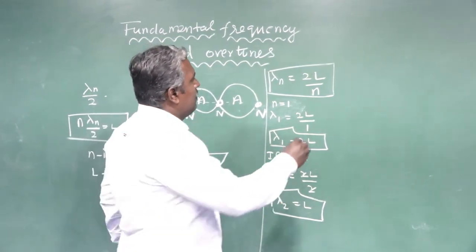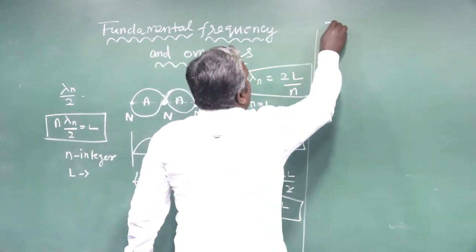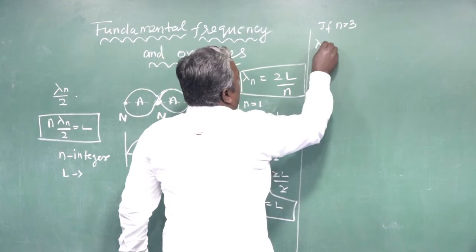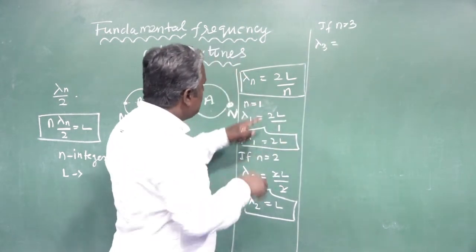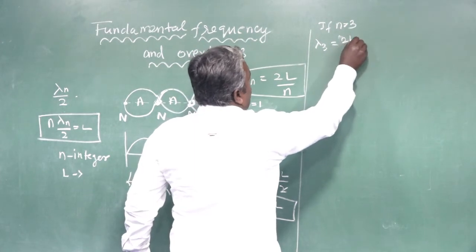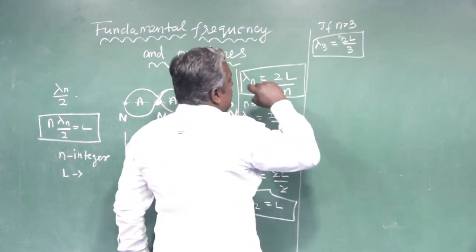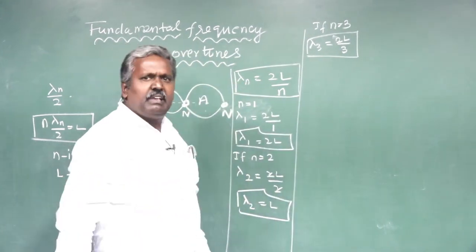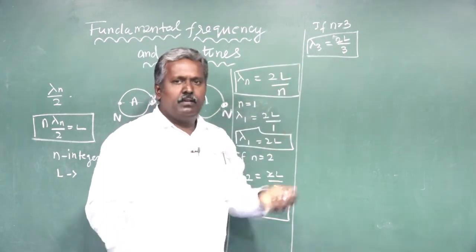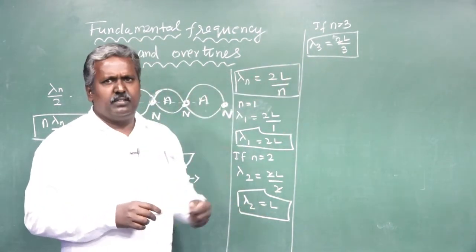Then if n is equal to 3, lambda 3 is equal to 2L by 3. This is the third mode of vibration, with specific wavelength lambda 3 equal to 2L by 3. Clear? And so on.